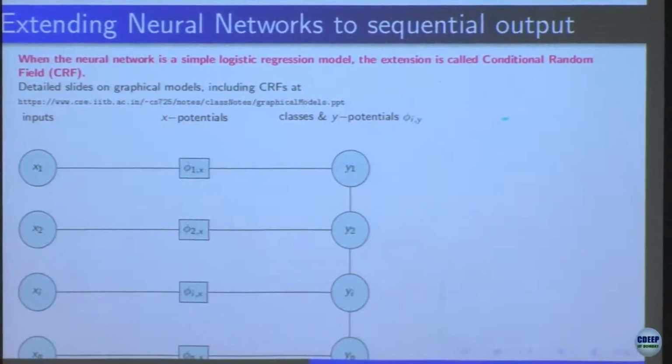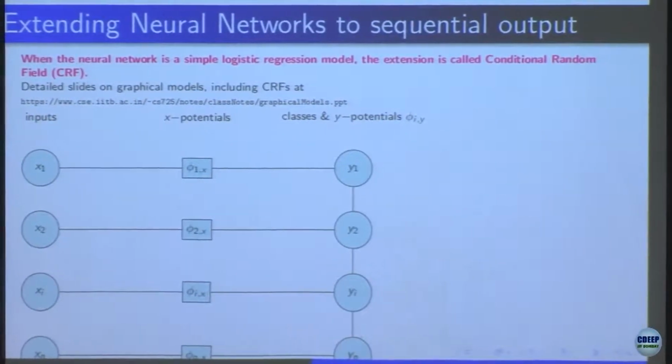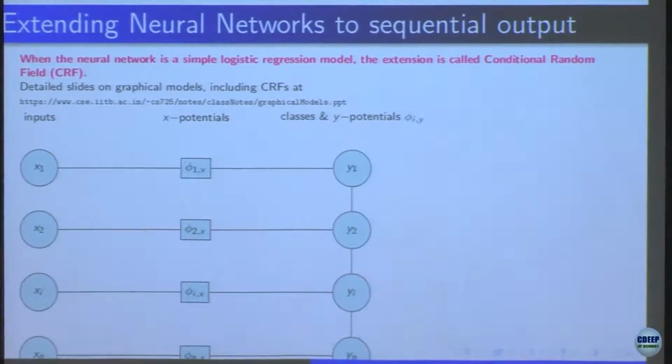In the case of logistic regression, you had only y1, x1. But suppose I had x1 and x2, where x1, x2 are day of week, and y1, y2 are, say, temperature.